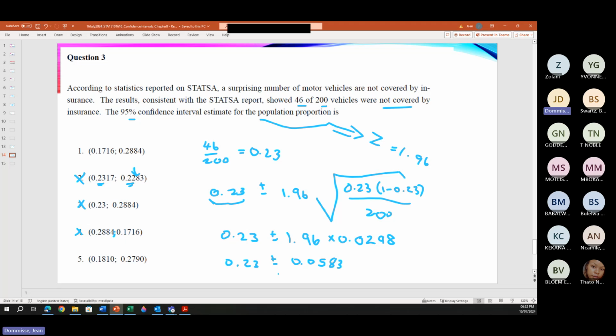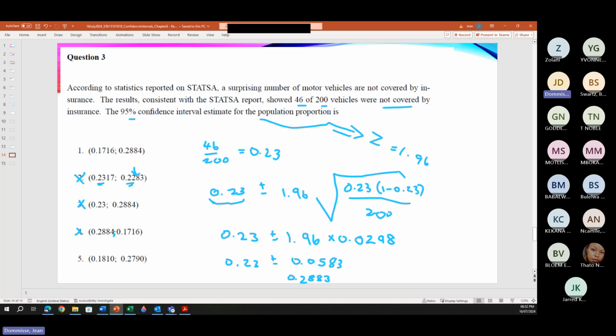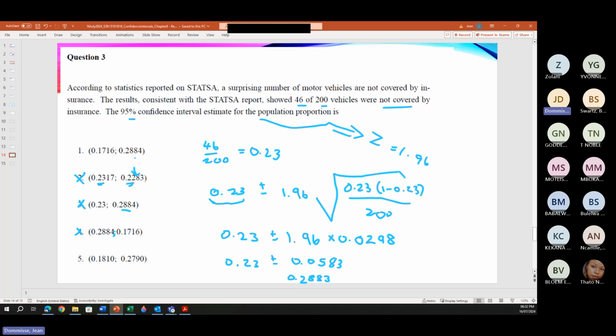So the top one is 0.2883 I get. Again, I rounded that off, but 0.288. So that is the top one, and the bottom one is 0.17.